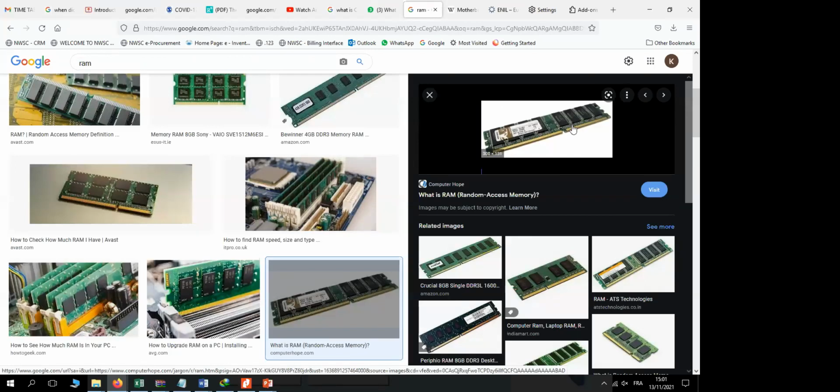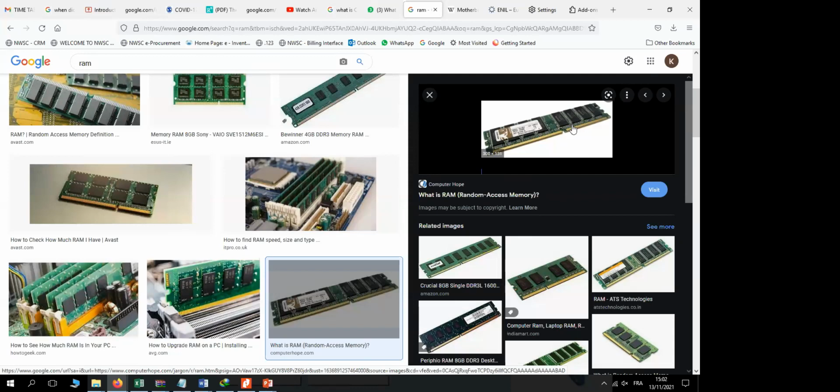What do we mean? Anything the computer is processing is stored temporarily in working memory. So in other words, we can call RAM random access memory, main memory, working memory, temporary memory, or volatile memory.